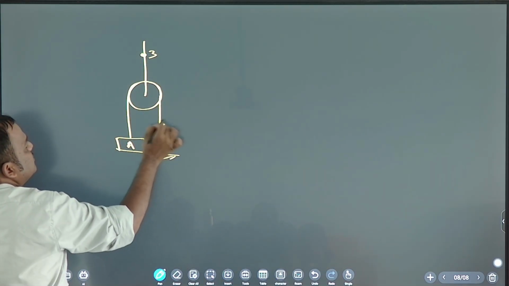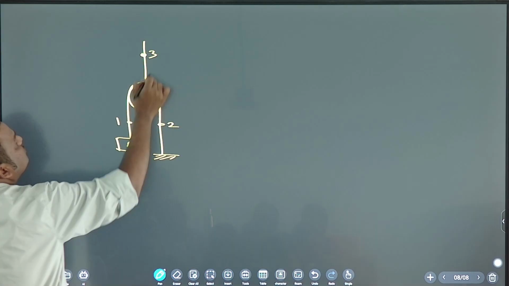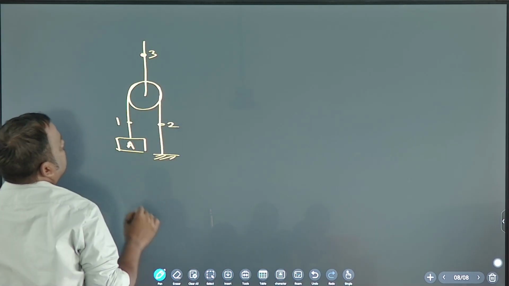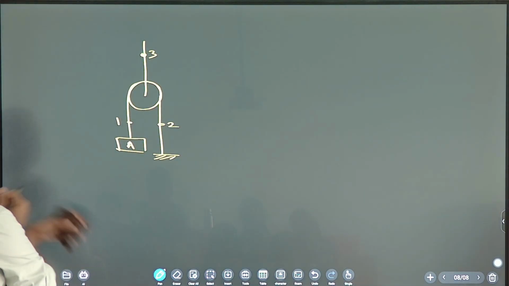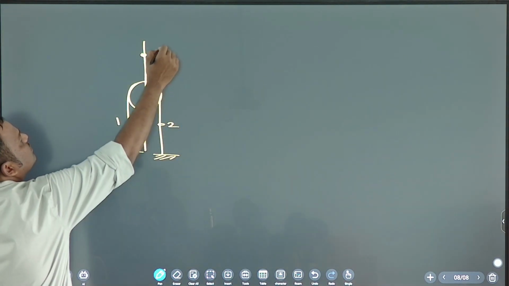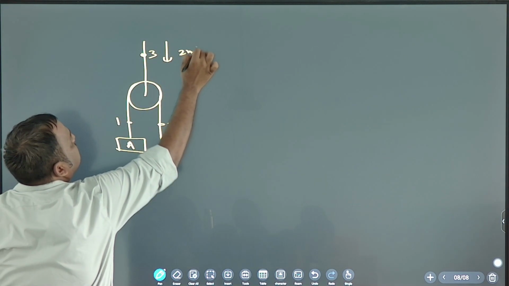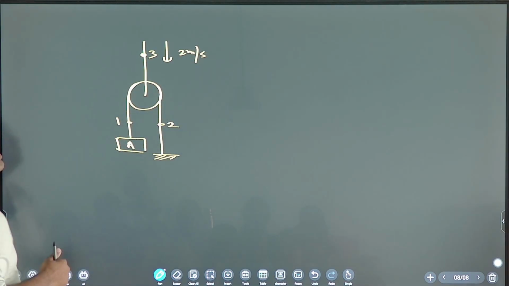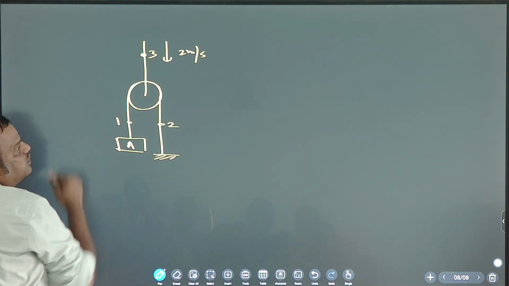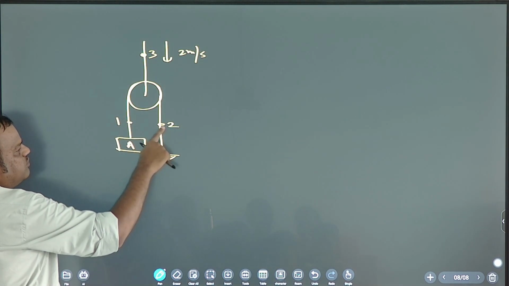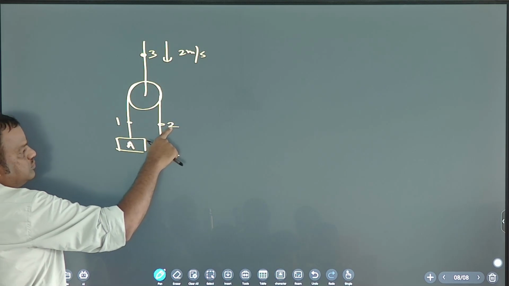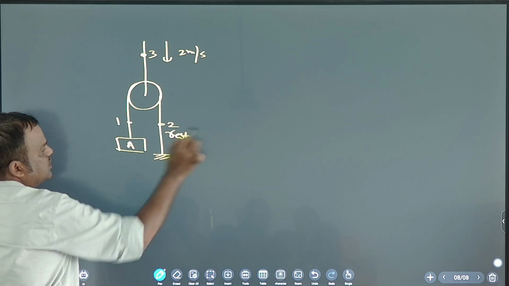This is point 3, this is point 1, point 2. Now I will give velocities. Suppose this is going down with 2 meter per second. What is the velocity of point 1? What is the velocity of 2? 0. Good. So this is at rest.